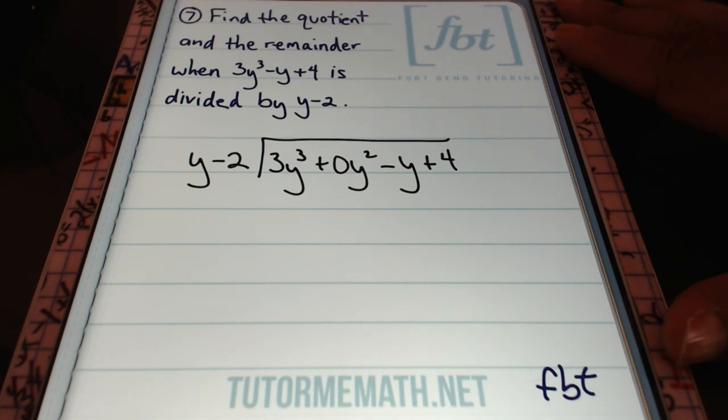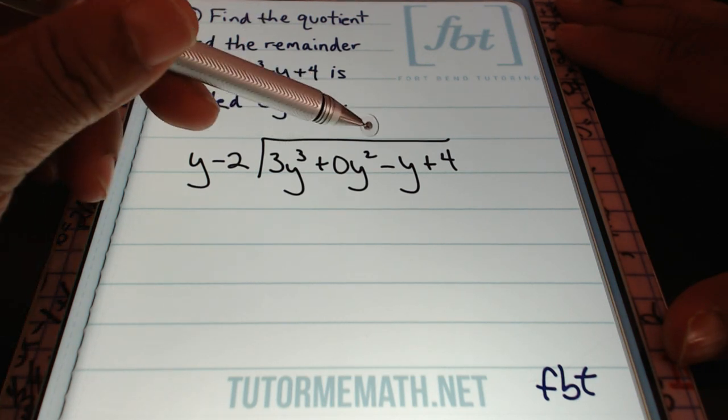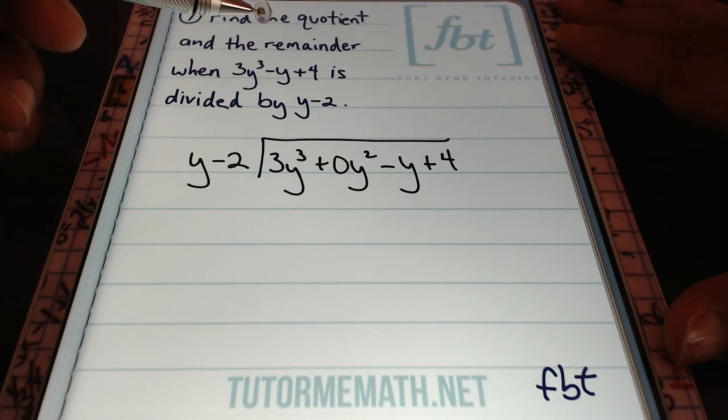I want to be organized. I want to be able to align my like terms together throughout the process, and I won't be able to do that if I'm missing a term as far as the degree of y is concerned. Notice that our highest degree here is y cubed, right? We didn't have a y squared term, so I need to have that.